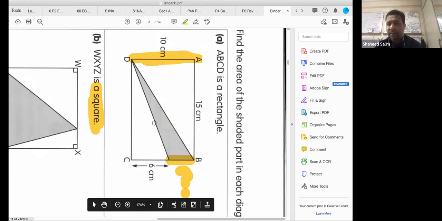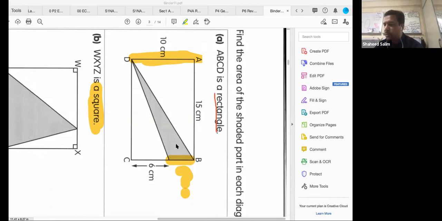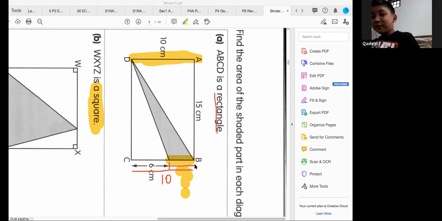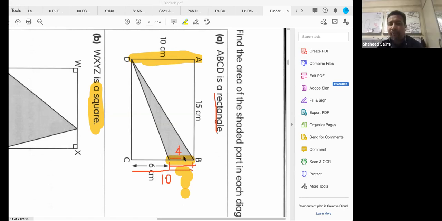They are same, right? This is a rectangle. Opposite sides are the same. So how much, Putra? 6 plus what equals to 10? Oh, then I need to draw the 10 on here. 10 is here. Putra, what is it? Oh, 4. Yes, 4. So there, your base is 4.